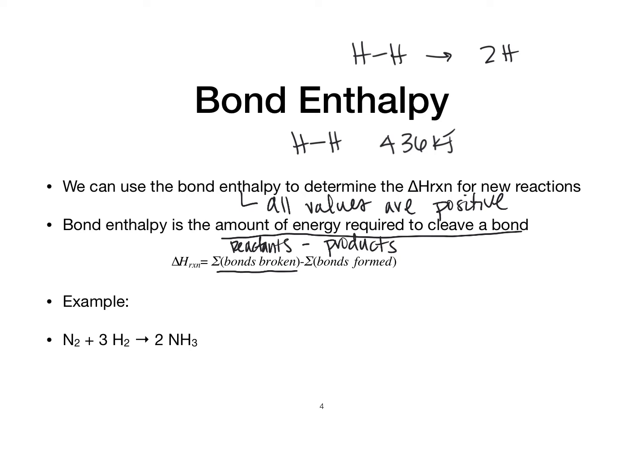The other way people write this is broken plus a negative formed, so for each bond that forms, the bond enthalpy is negative. I find that to be complicated. I prefer the bonds broken minus the bonds formed.